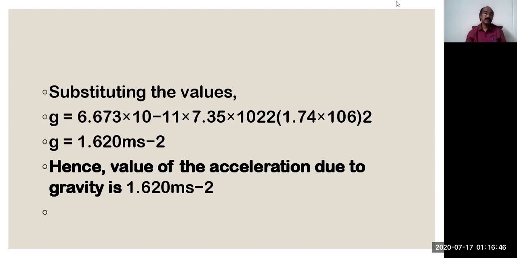So let's discuss in detail the equations of motion. Here, when the body is projected with a certain velocity into the air in the upward direction, as it moves up, its velocity gradually decreases.